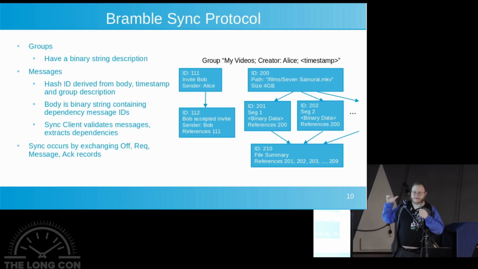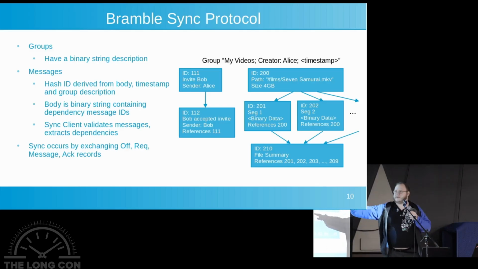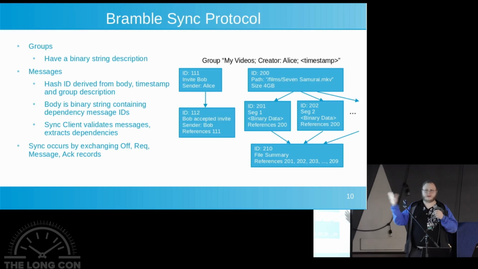She adds the film Seven Samurai and invites Bob to watch her movies. Bob accepts the invite, and the acceptance of the invite has the invitation itself as a dependency. So if someone else joins this group, they will see that Bob is invited and that Bob joined, and now they can share these messages with Bob.